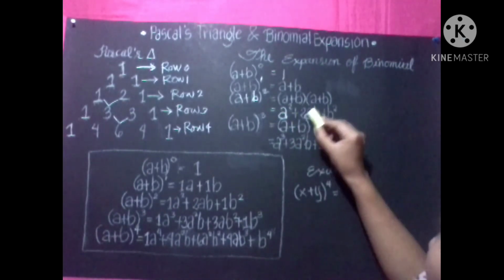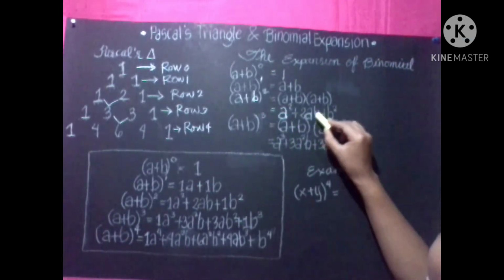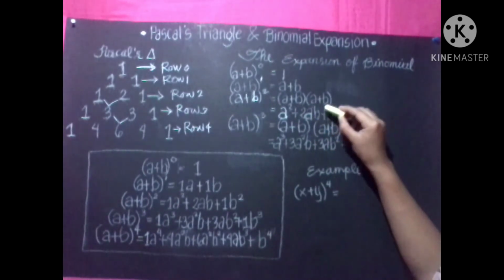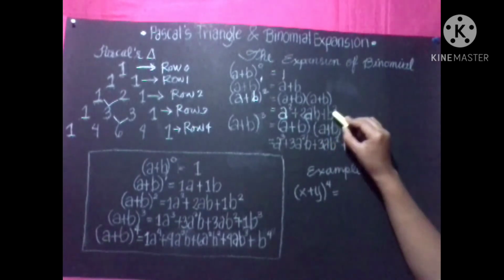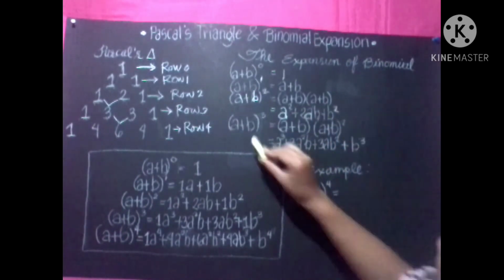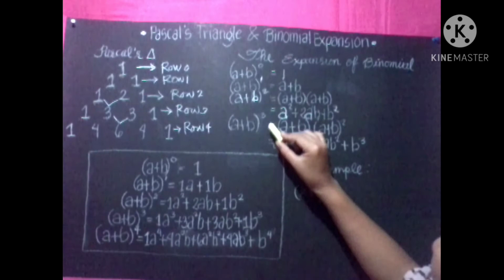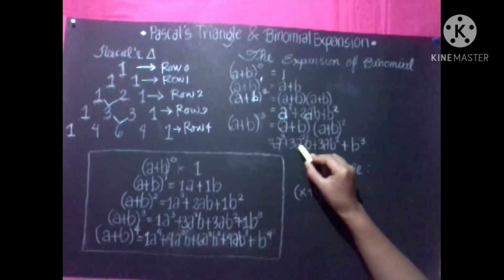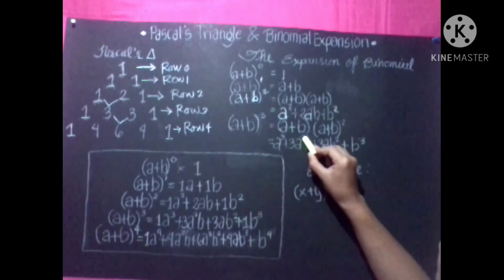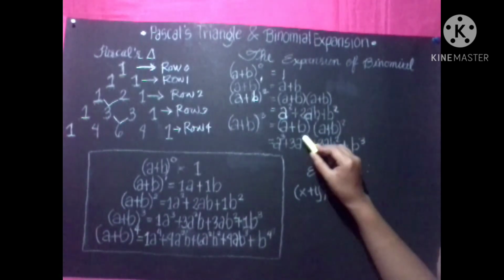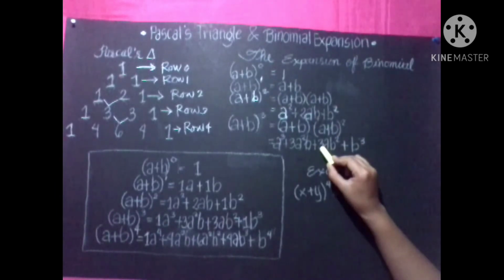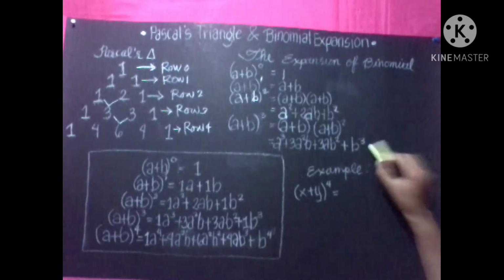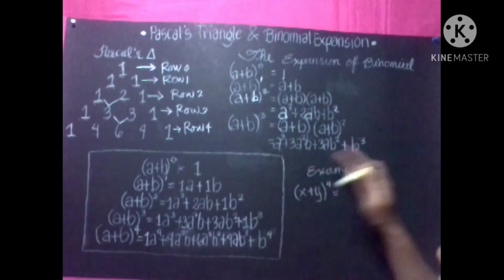So a squared, 2ab, there is a 1 over here and 1 over here, resulting in 2, plus b squared. Another is (a plus b) raised to the power of 3, so the result is a cubed plus 3a squared b, so 2 plus 1 equals 3, plus 3ab squared, so 1 plus 2 equals 3, plus b cubed, and so on and so forth.